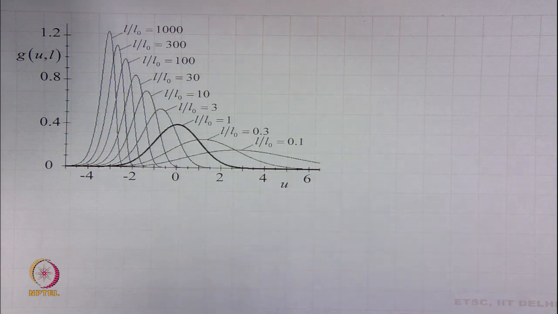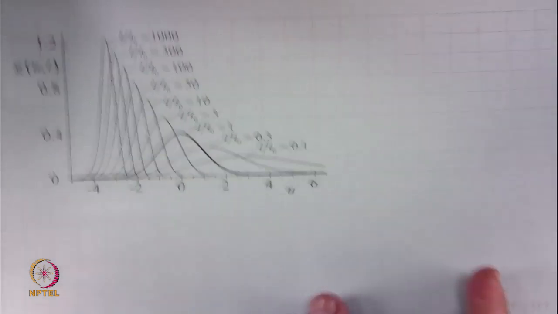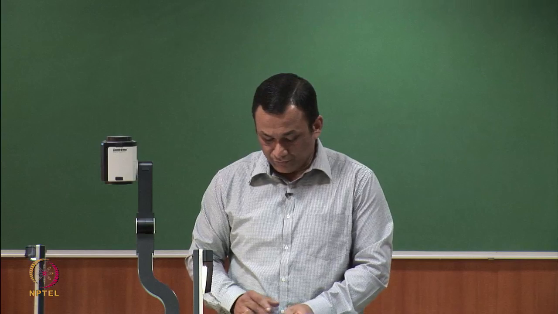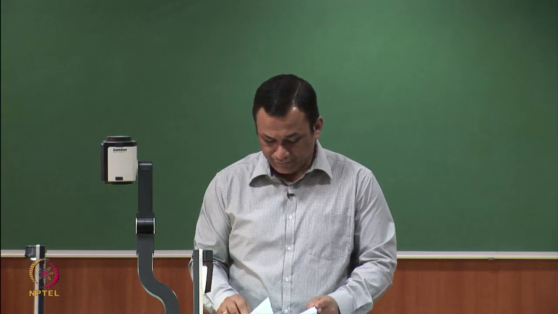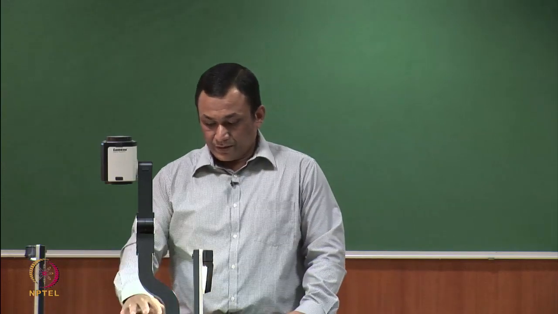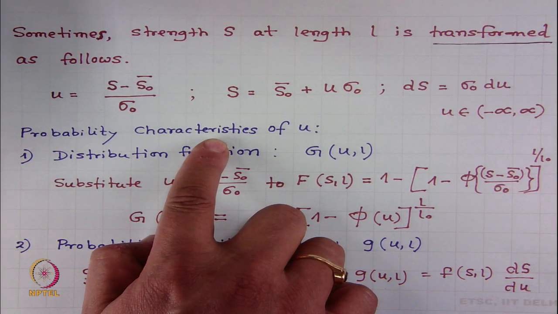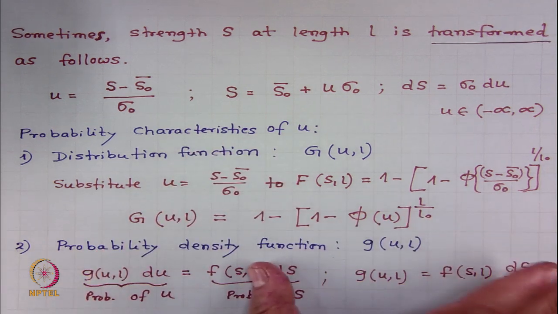All right. So, now we proceed to obtain the statistical characteristics of u. As I told you, u, a random variable, is characterized by its probability characteristics, and also by its statistical characteristics.